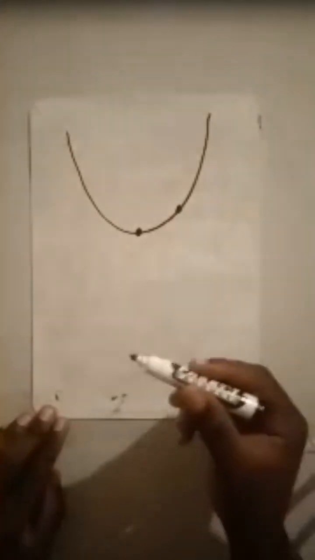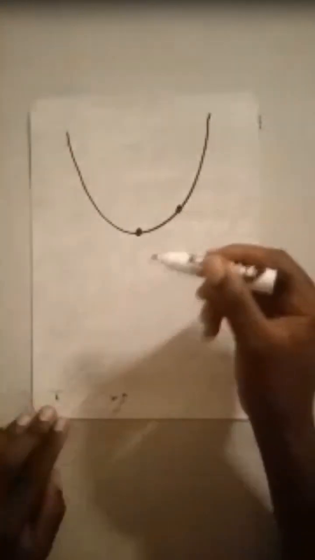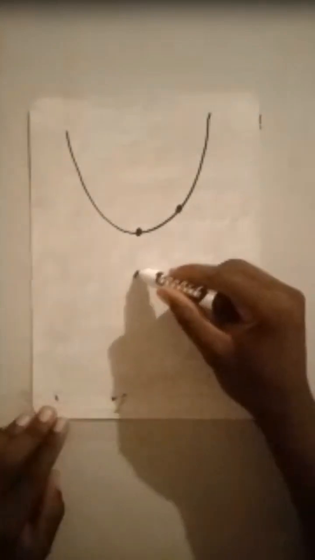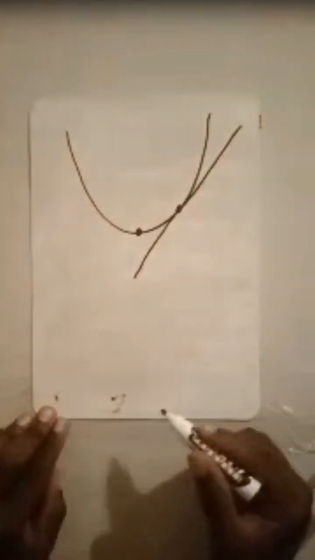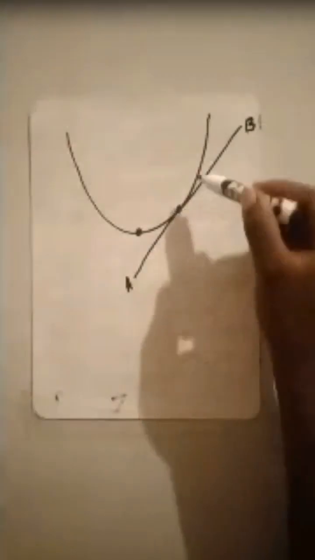The gradient of a curve at a point is the same as the tangent to that point. So if I draw a line passing through there, that is what we call a tangent. A, B, like that. That is a tangent to the curve.